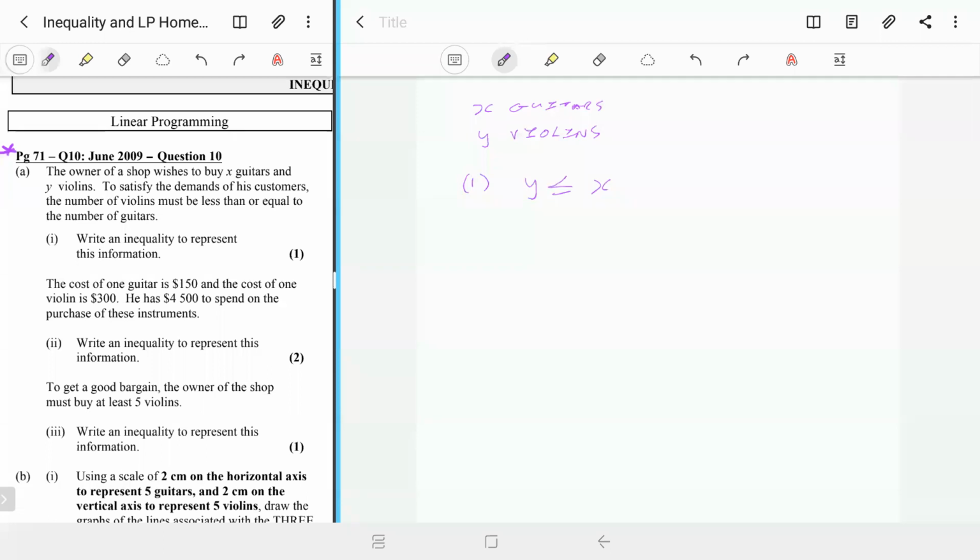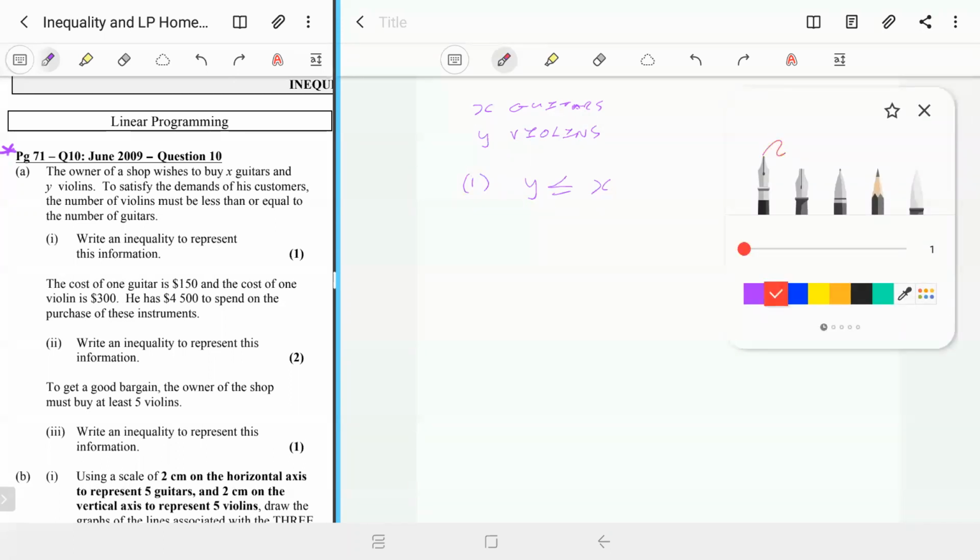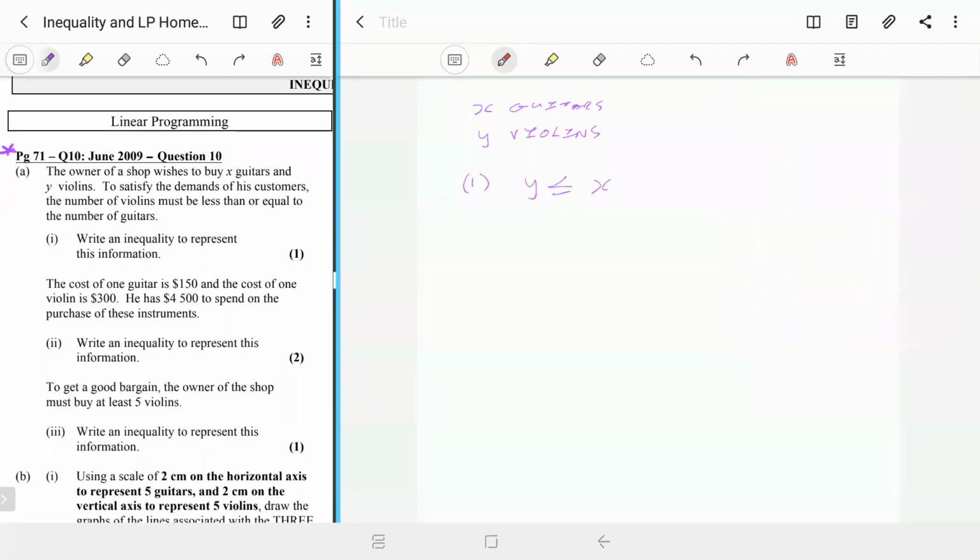All right. Look at the next statement now. The cost of one guitar. So let's put the information up here, telling us about the cost. Let's put it in red. So in terms of cost, the cost of one guitar is $150. So this is $150 each.